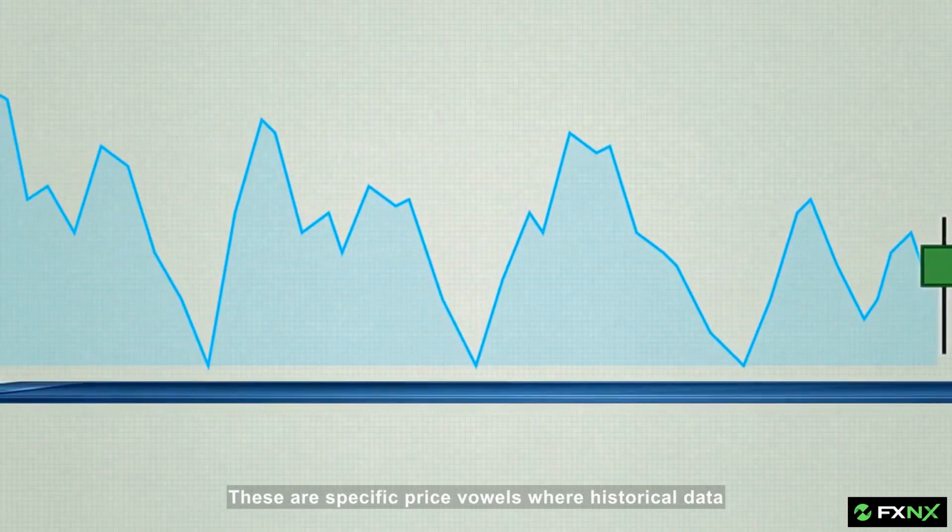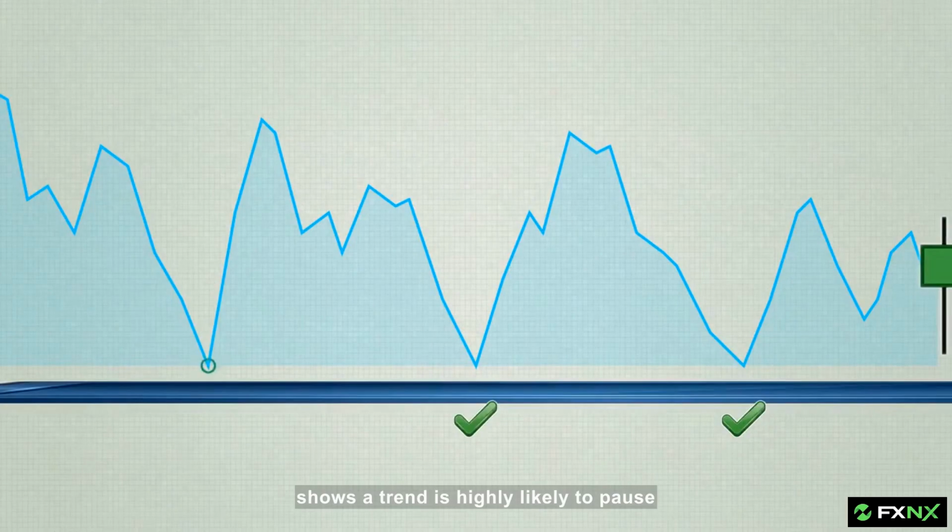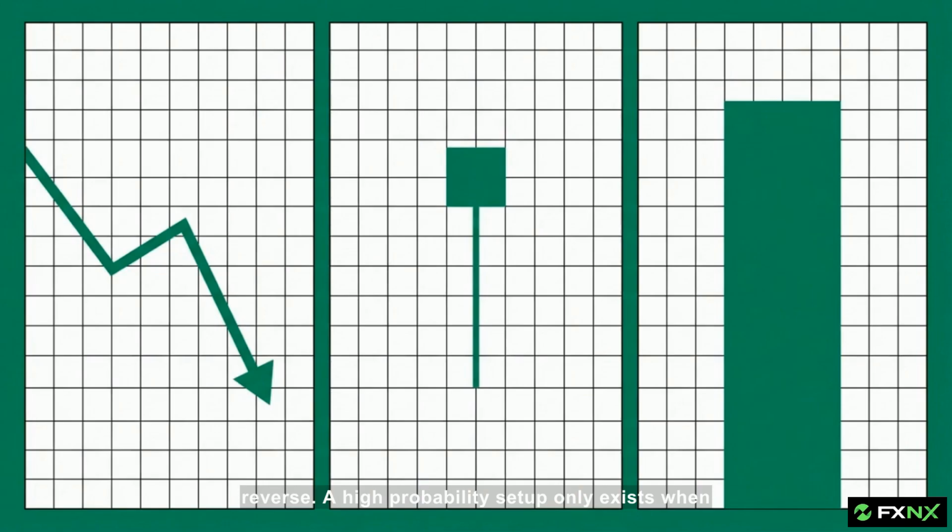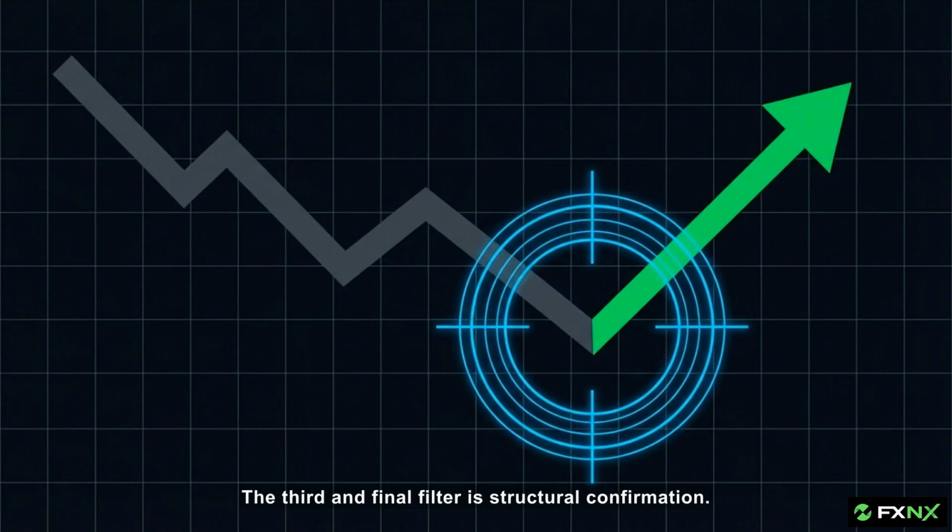These are specific price levels where historical data shows a trend is highly likely to pause or reverse. A high probability setup only exists when extreme market location, a long wick with a compressed body, and corroborating trading volume all align simultaneously.